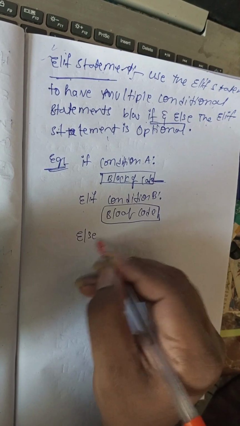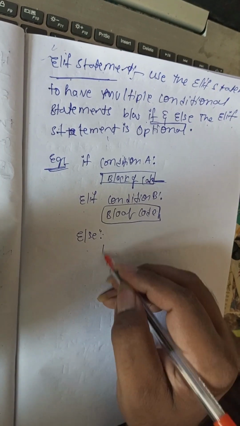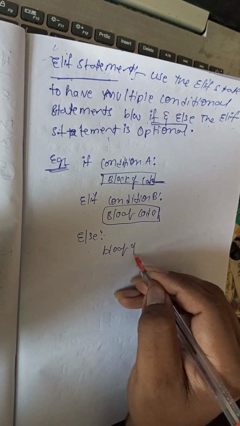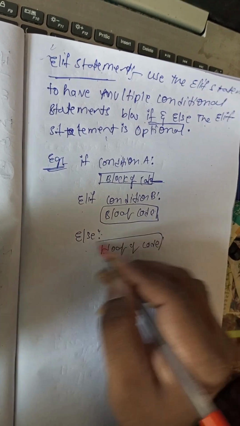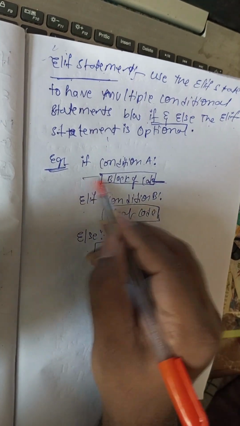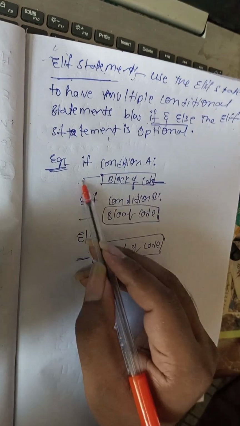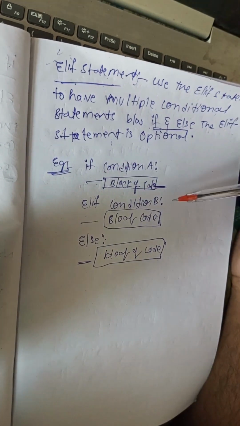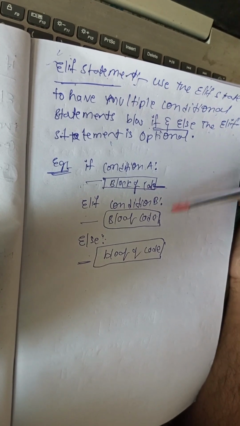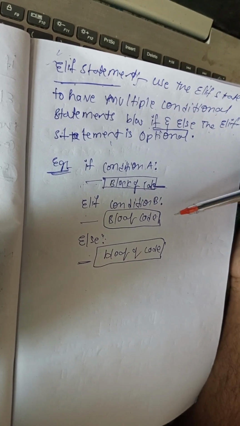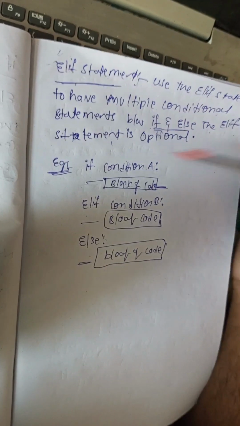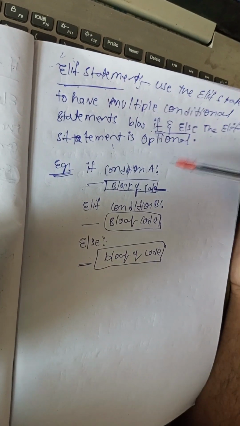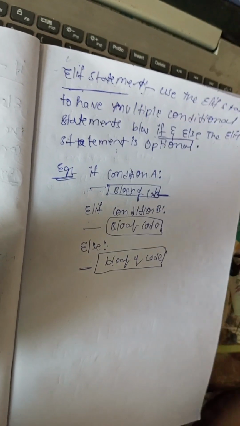Here I am using else, a block of code I am using here. Suppose, giving some indentations and space according to syntax rule. So use the Elif statement to have multiple condition statements. In if else statement, Elif statement is optional. So this is about the Elif statement.